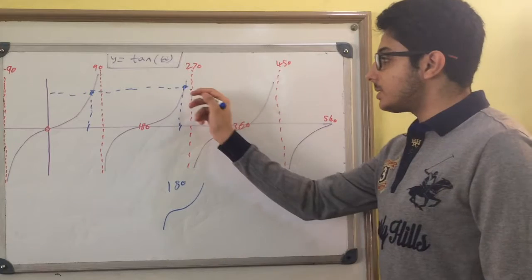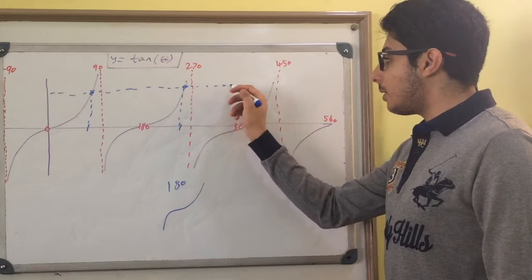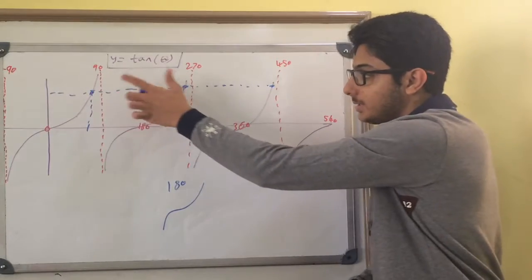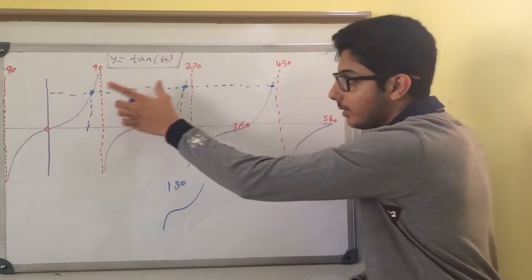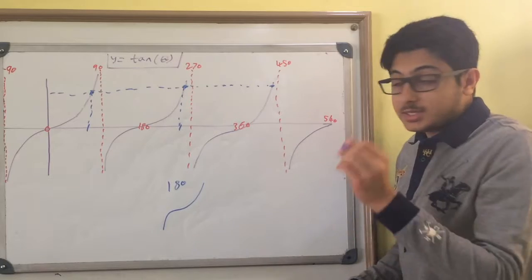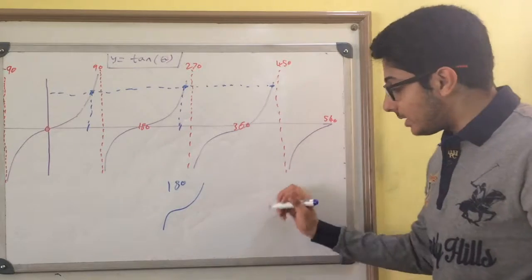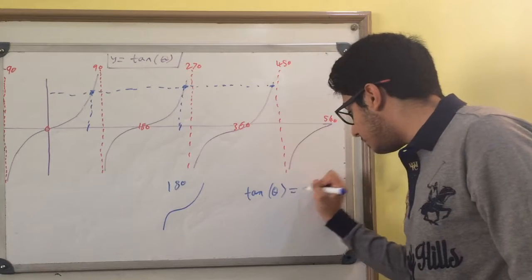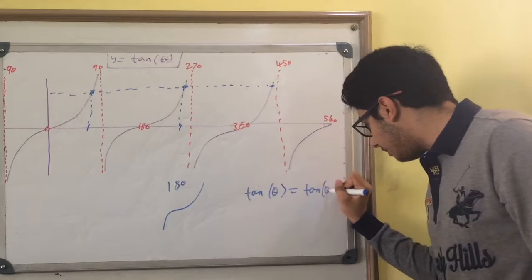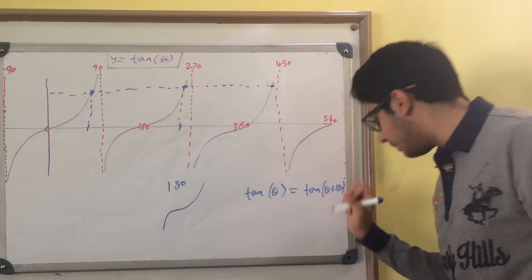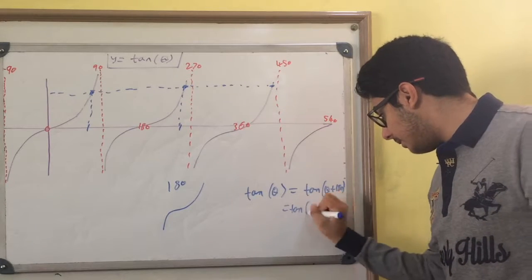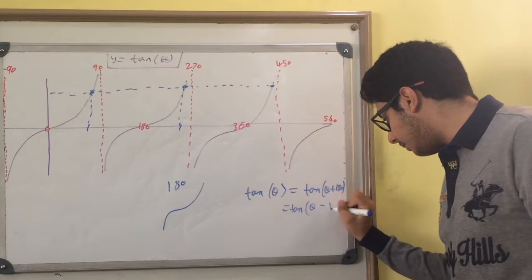But this one's much easier, because the angles which have a difference of 180 degrees between them will be the angles that have the same y value. So that's how we get tan theta is equal to tan of theta plus 180 degrees, or tan of theta minus 180 degrees.